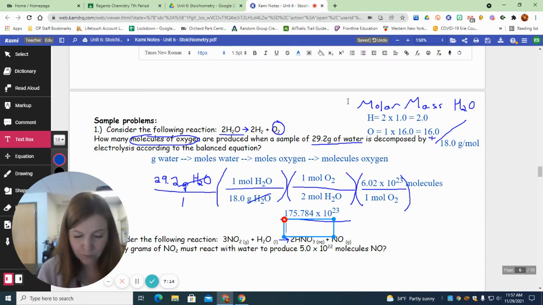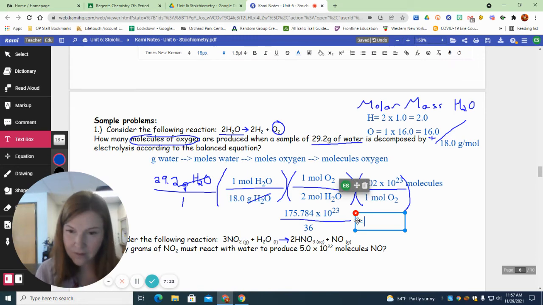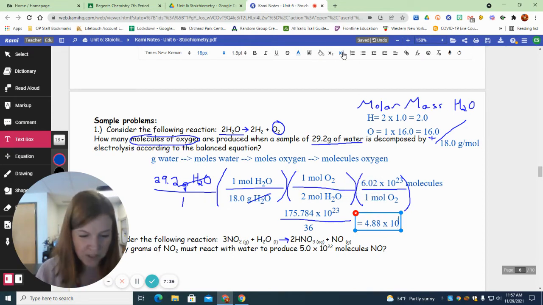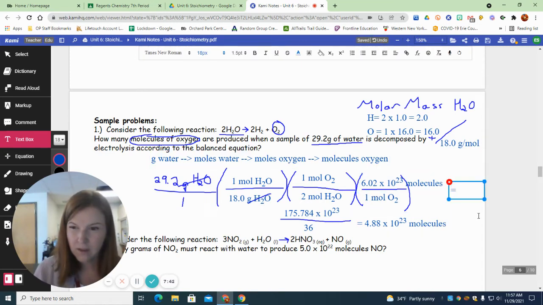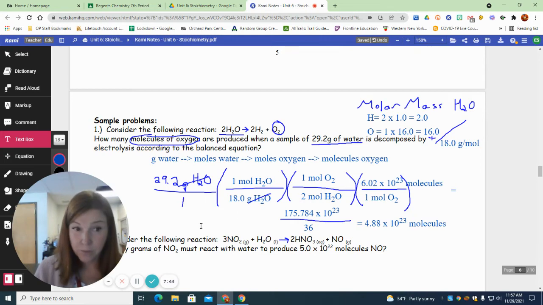And then I'm going to multiply across my denominators, 18.0 times 2, 36. And then I do my division. That gives me an answer of 4.88. I want to have 3 sig figs, so 4.88 times 10 to the 23rd. And my answer here is molecules. Okay? That would be my answer.